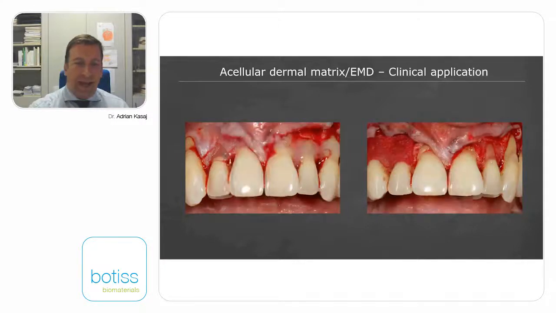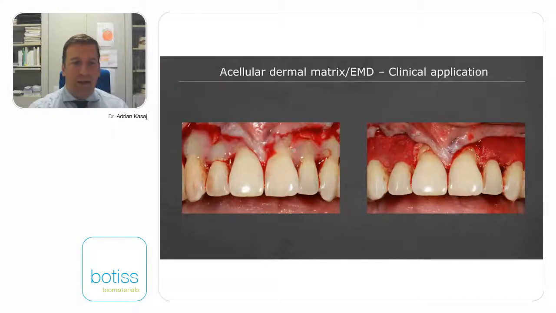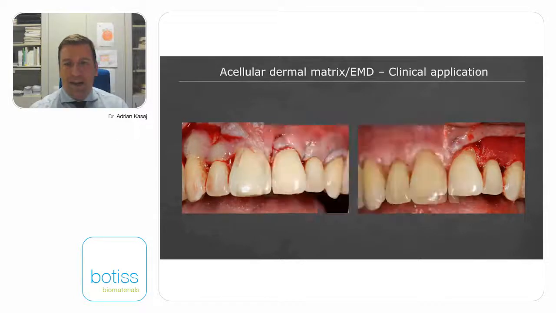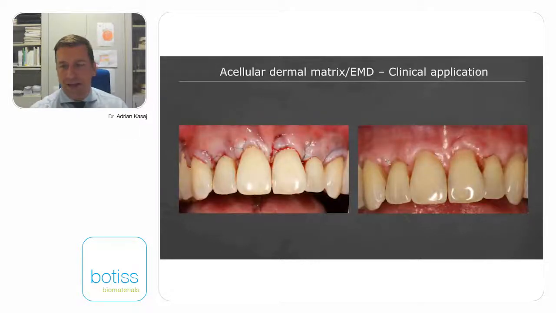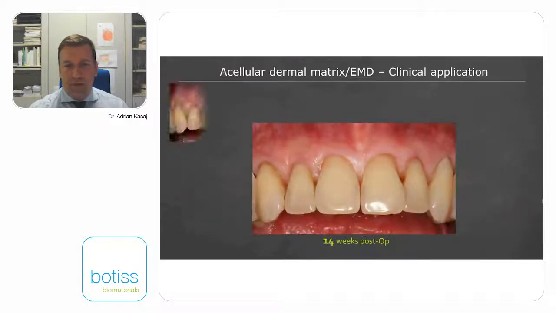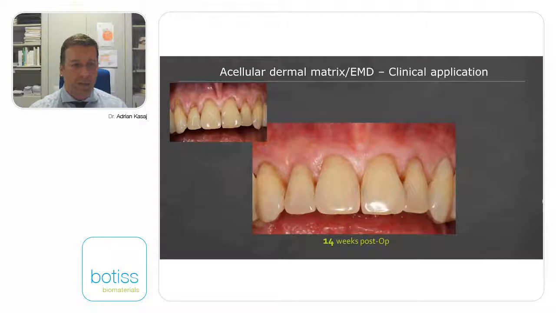You can see again application of Emdogain to the root surface, rehydration of the matrix, and adaptation to the recipient site. Coronal advancement of the flap. Here you can see the early healing period and the outcome 14 weeks post-operative in comparison to the baseline situation.